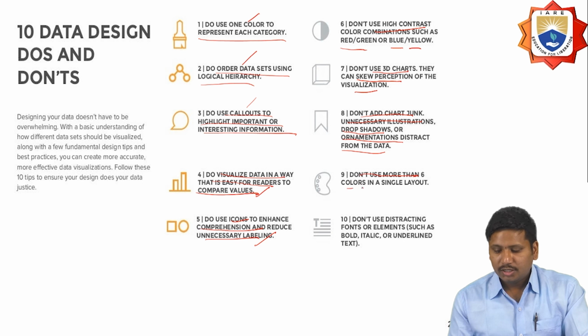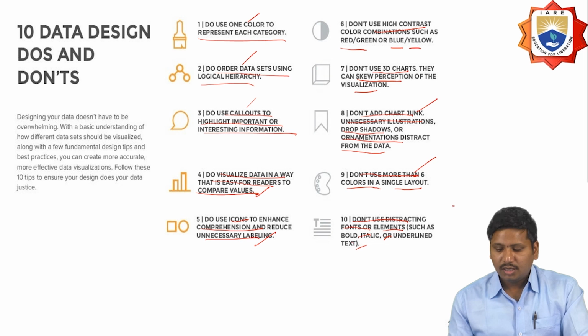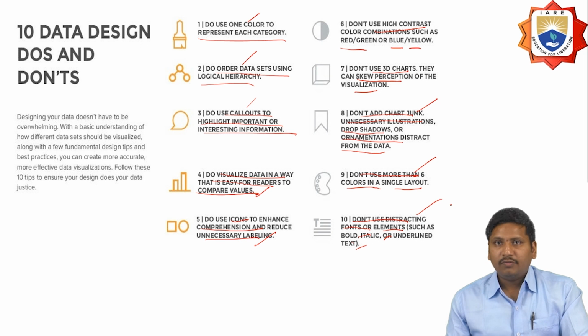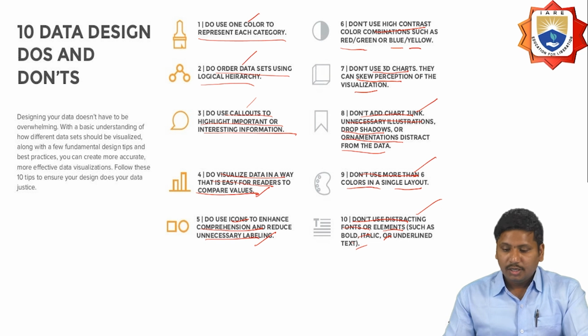Don't use more than 6 colors in a single layout, and don't use distracting fonts or elements such as bold, italic, underline, and text. These are some of the do's and don'ts for data design.